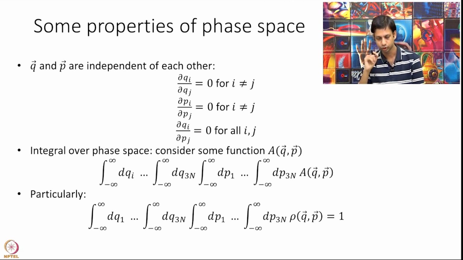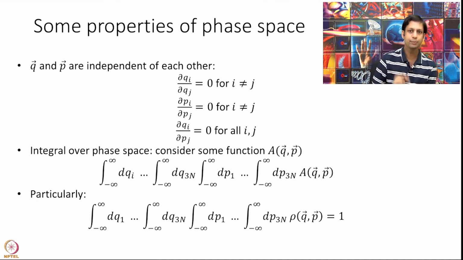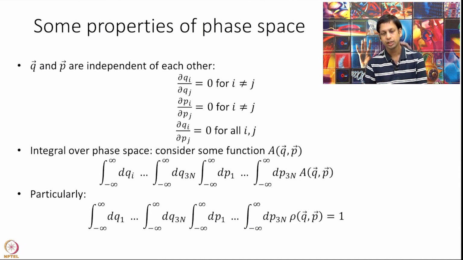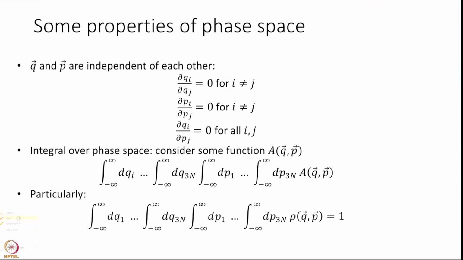Okay. The second property that we will look at is an integral over phase space. How do I integrate? Let us say I have some variable A as a function of q comma p, and I want to integrate this function over all phase space, and we are going to do this integral soon enough.